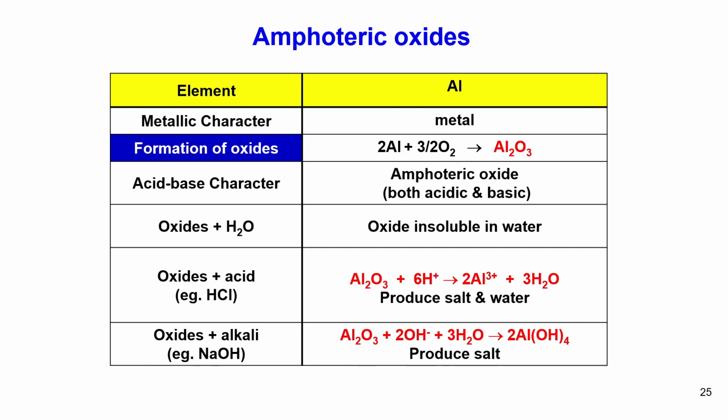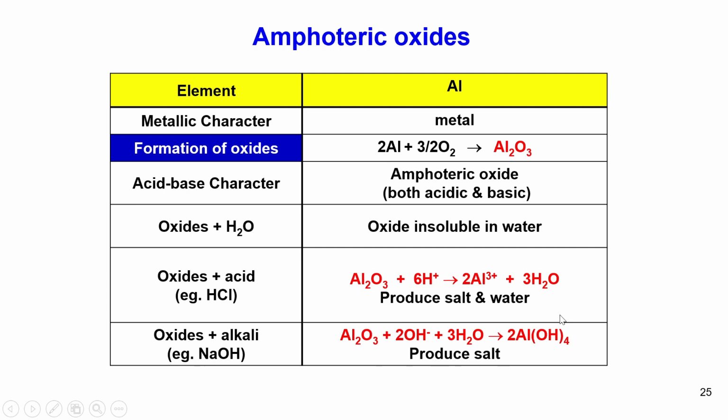Oxide plus H2O dia akan insoluble in water. Dan since dia adalah amphoteric ni maksudnya dia boleh jadi acid, dia boleh jadi base. Dua-dua akan menghasilkan salt and water. Kalau dia tindak balas dengan alkali pun boleh, dia bertindak balas dengan acid pun akan menghasilkan produk.